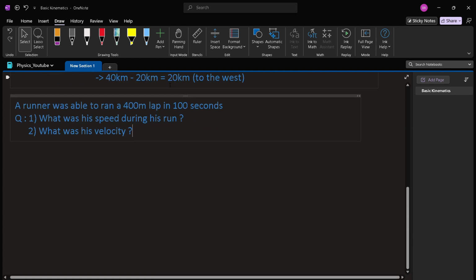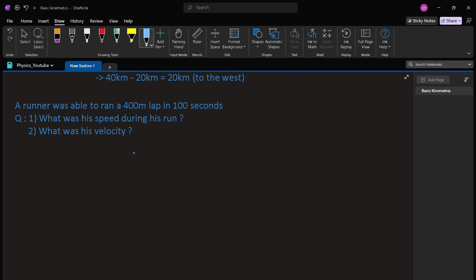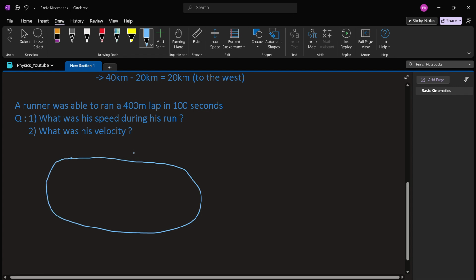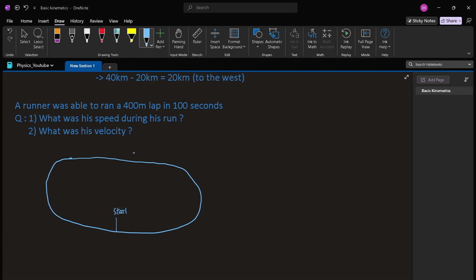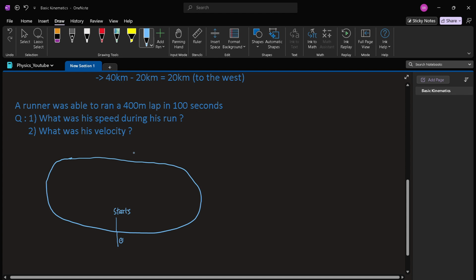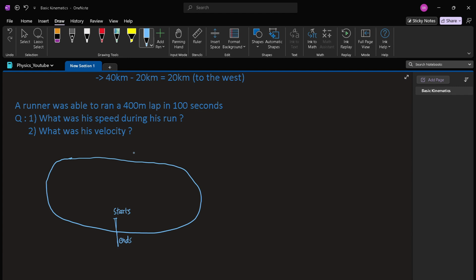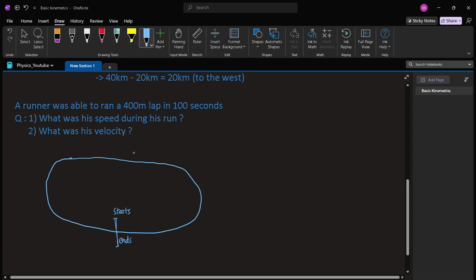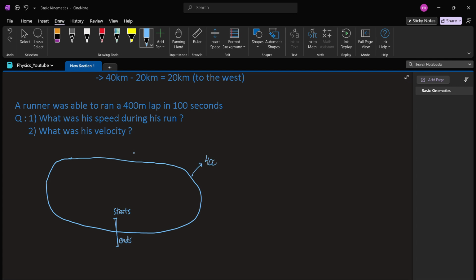To answer this, let me give you a better look using a graphical interpretation. Let's say we have a running track that starts right here and also ends here. The starting point of the racetrack is also the ending point, and this racetrack is a 400-meter track.